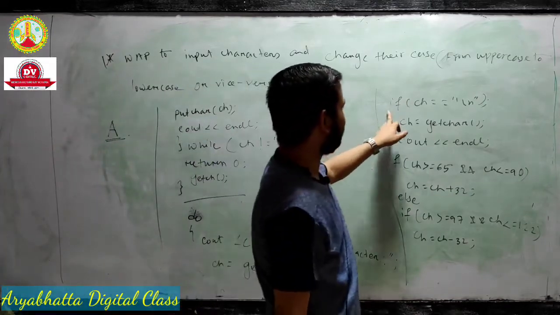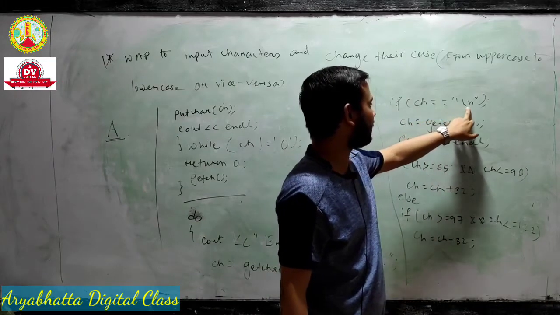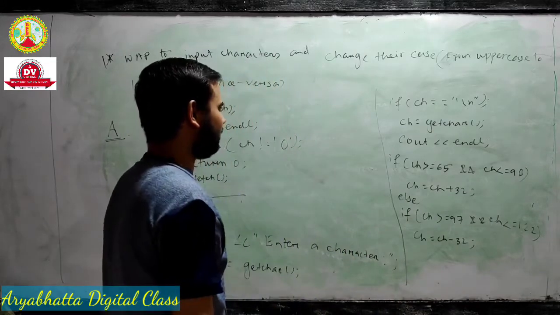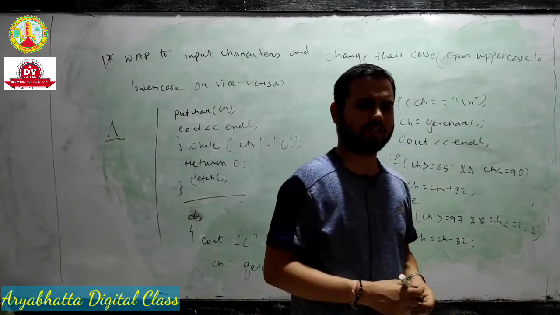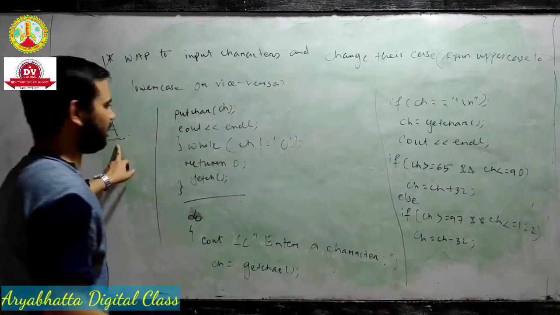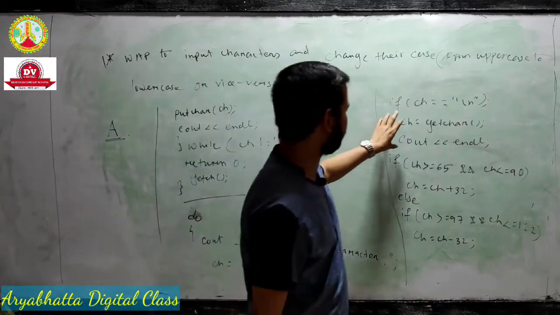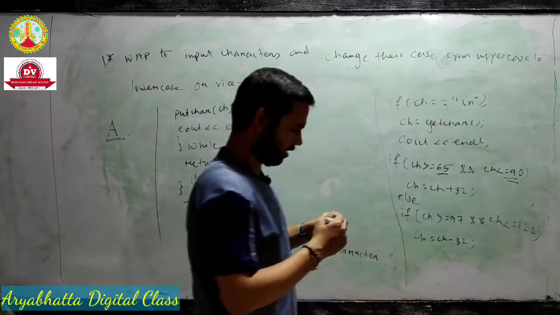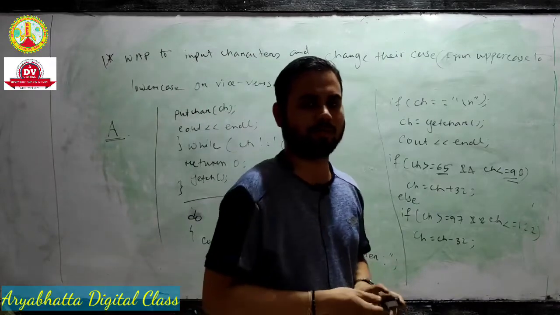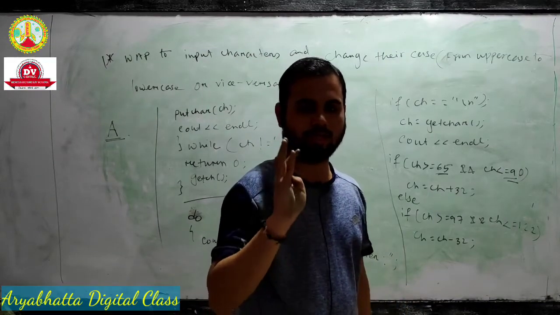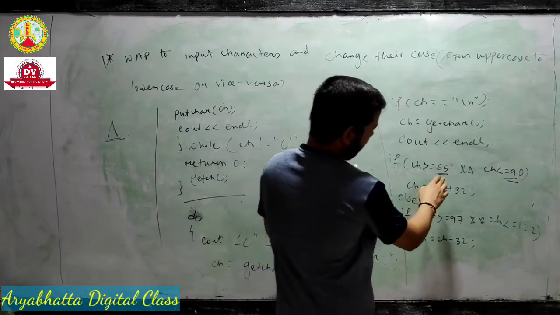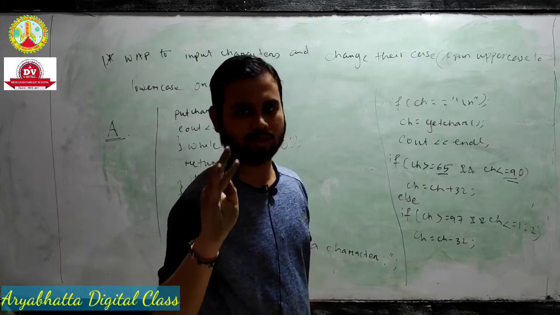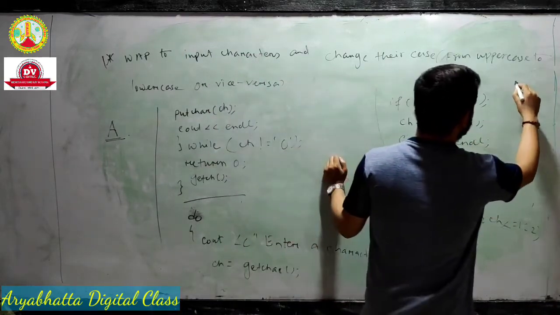Now this is important. If character is between 65 and 90, suppose your character is capital A, uppercase, this is for input. 65 to 90 covers the alphabet. How many letters? 26, for A to Z. If you count the values from 65 to 90, that is 26.